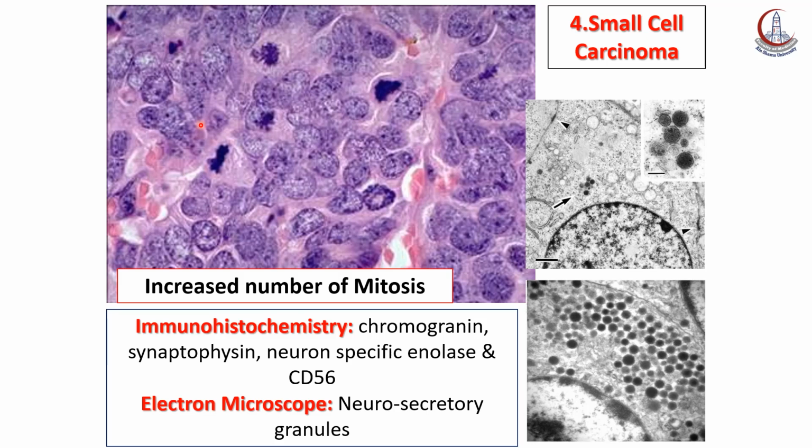By immunohistochemistry, we can confirm the diagnosis of small cell carcinoma using chromogranin, synaptophysin, neuron-specific enolase, and CD56. Also, we can confirm the diagnosis by electron microscope showing the neurosecretory granules in the cytoplasm of the tumor cells.